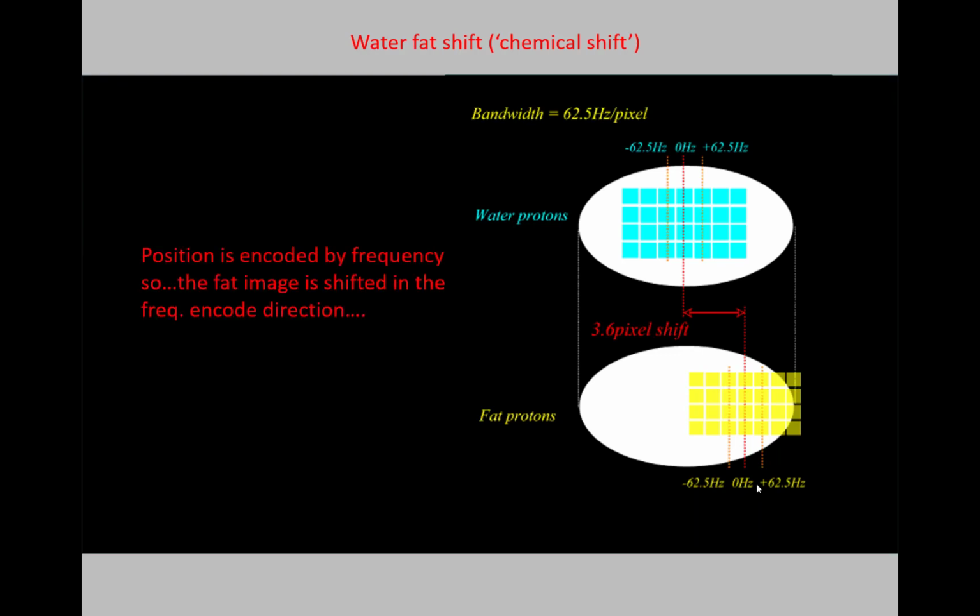Okay, so why is this causing the chemical shift artifact where we see this slippage between the fat and the water images? Well, remember, position in the frequency encoding direction, which we're taking left-right here, is encoded by the frequency that the MR receiver hears, effectively.